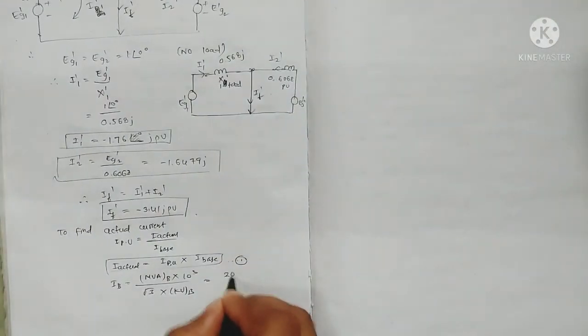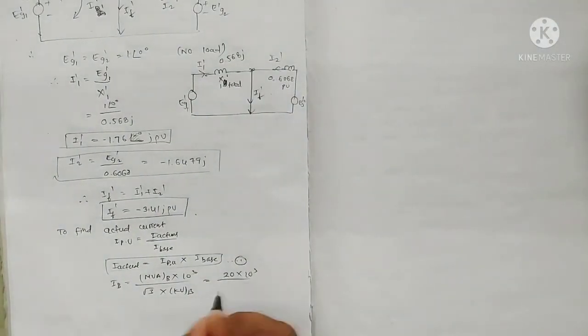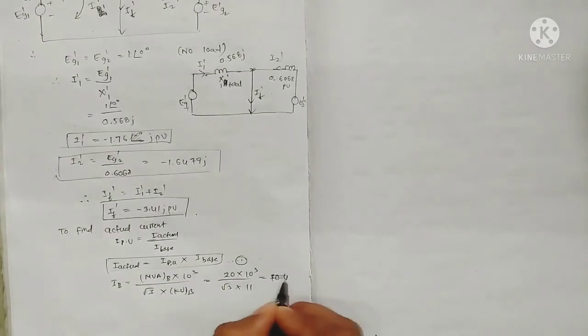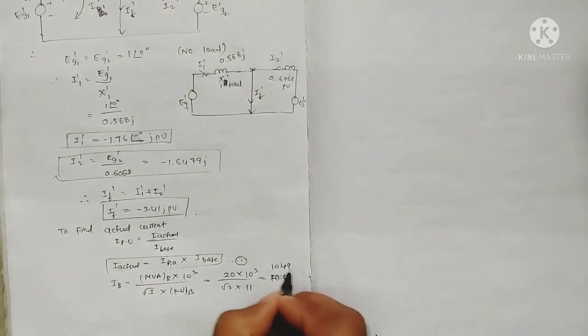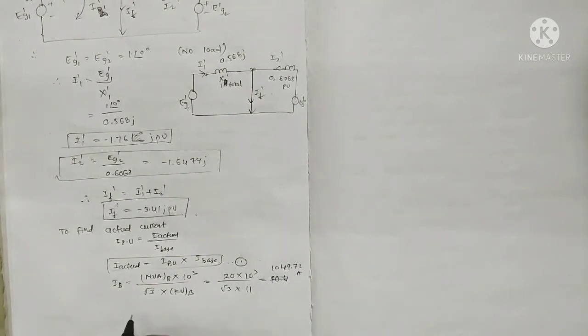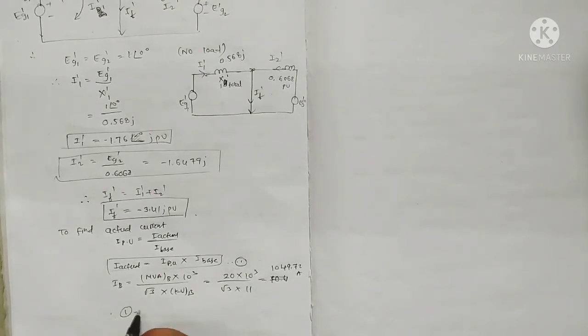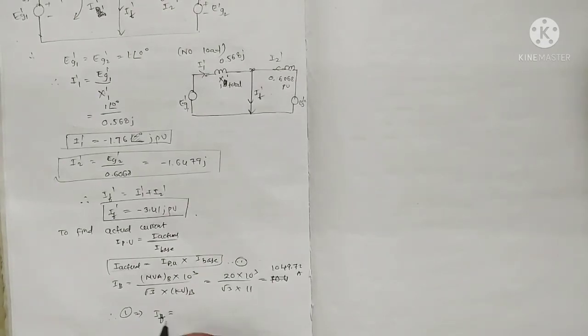That is 20 MVA divided by root 3 into 11 kV. We get 1049.72 amperes.